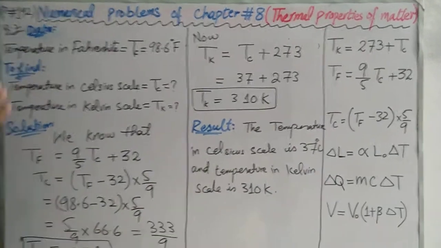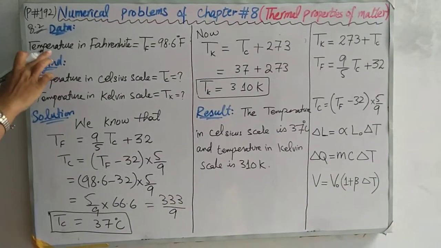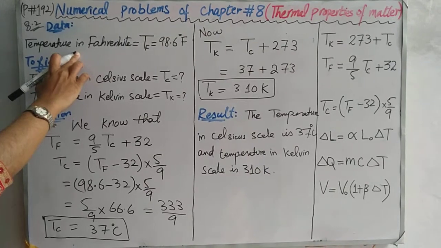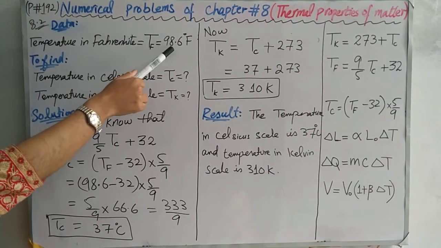What we have done in this numerical problem, we have human body temperature in Fahrenheit, that is 98.6 degree Fahrenheit.